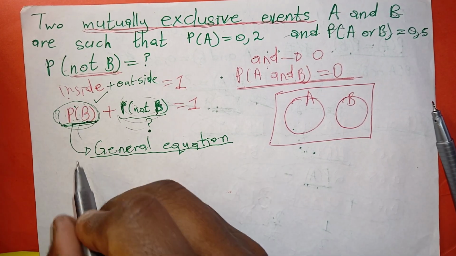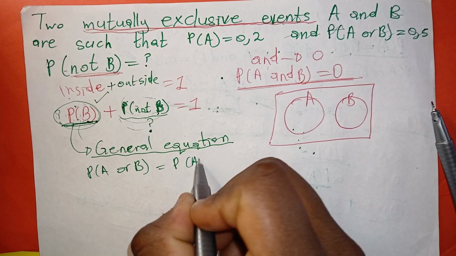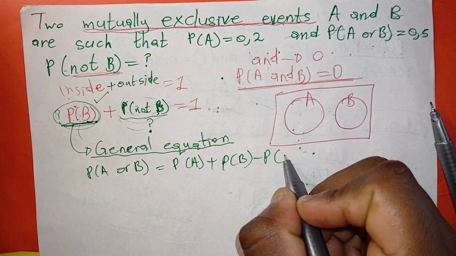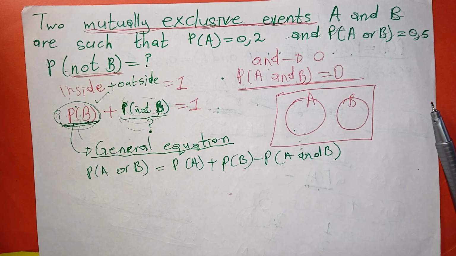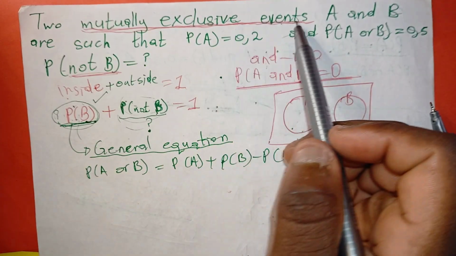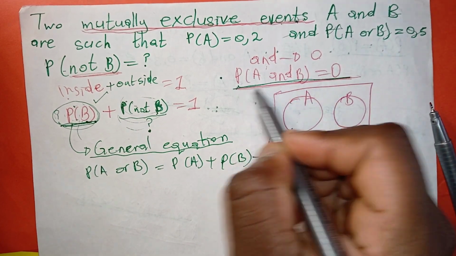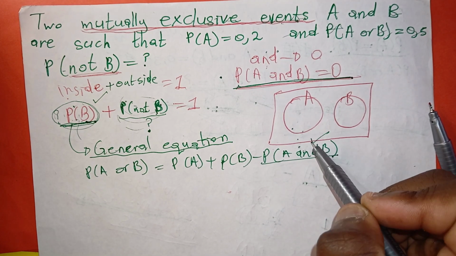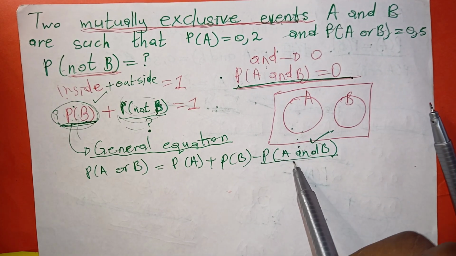The general equation says that the probability of A or B is equal to the probability of A plus the probability of B minus their intersection, A and B. But the key thing here is to understand mutually exclusive events. For mutually exclusive events, we know their intersection is 0. They don't intersect. Meaning here, we know this value. Because if you don't know mutually exclusive, you don't know the value which is here.